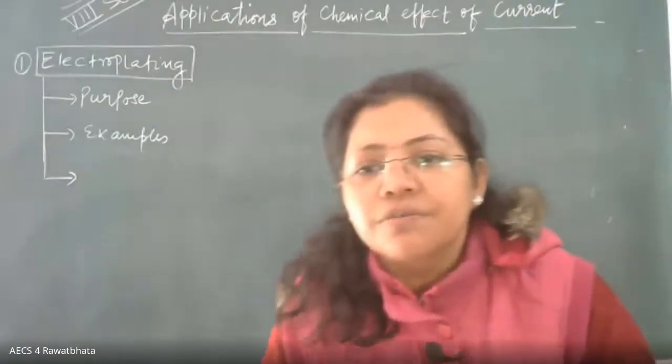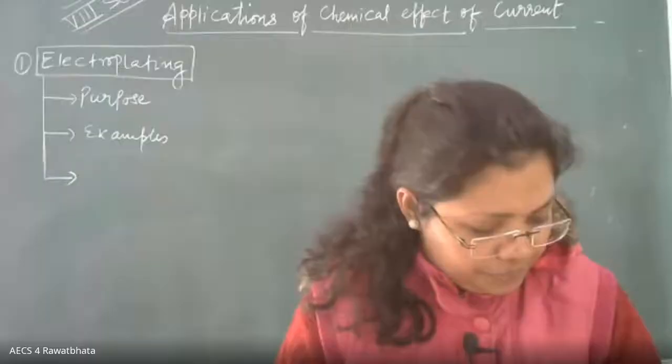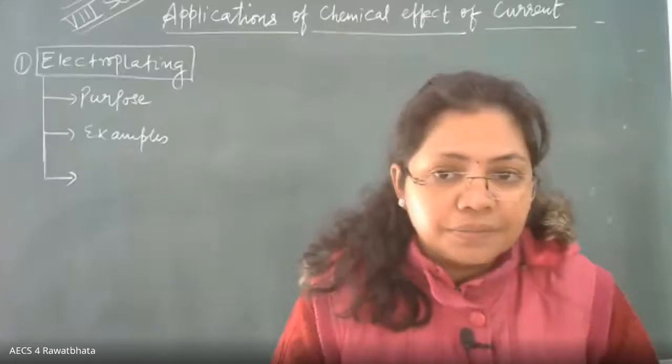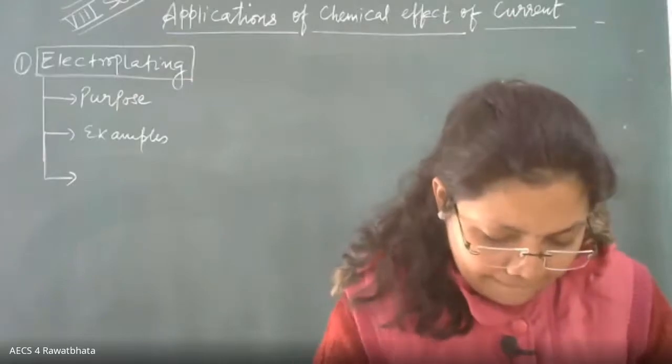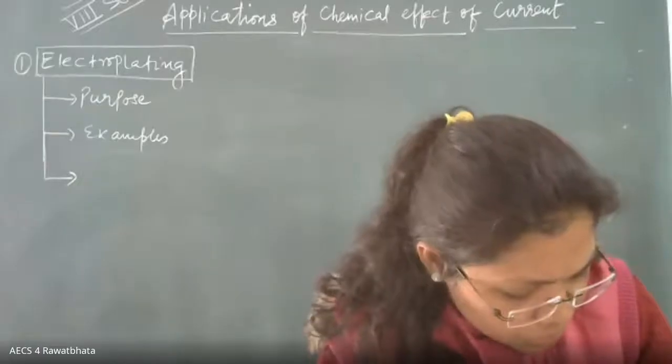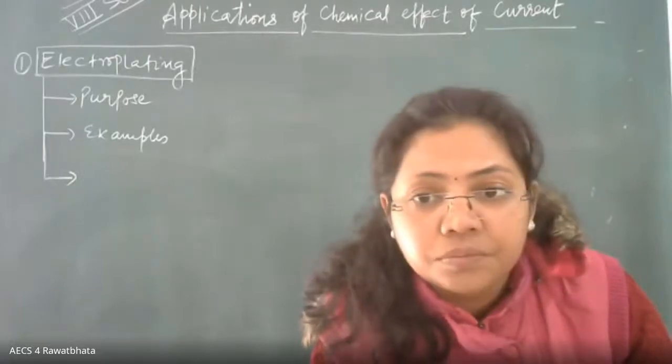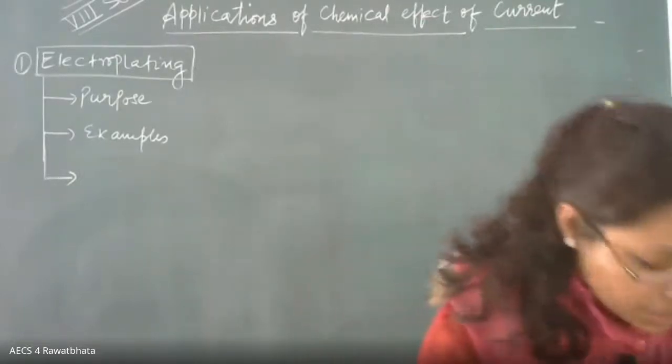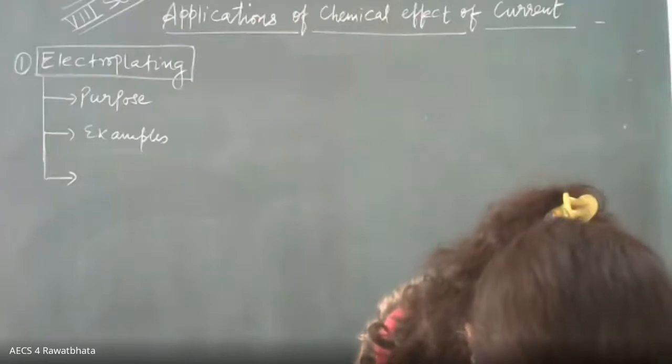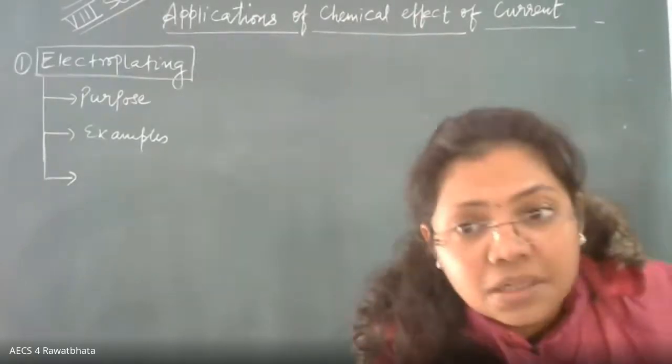Ayushi Vaishnav? Present, ma'am. Divanshi? Present, ma'am. Harshita? Present, ma'am. Okay, then Mehul? Ma'am, Sakshi Bhaiwa present. Yes, Mehul is also present. Muskan? Muskan is not yet joined. Okay, then Niyati?